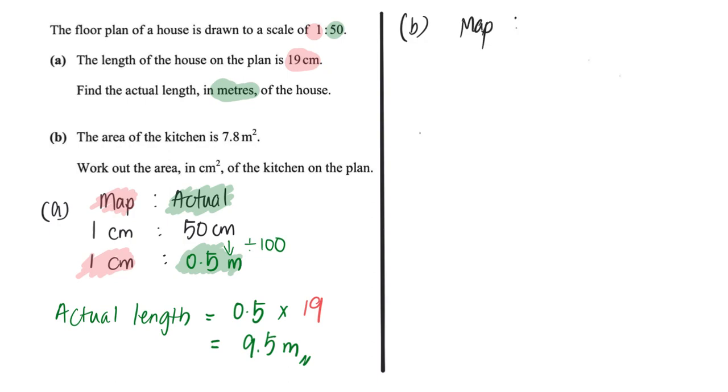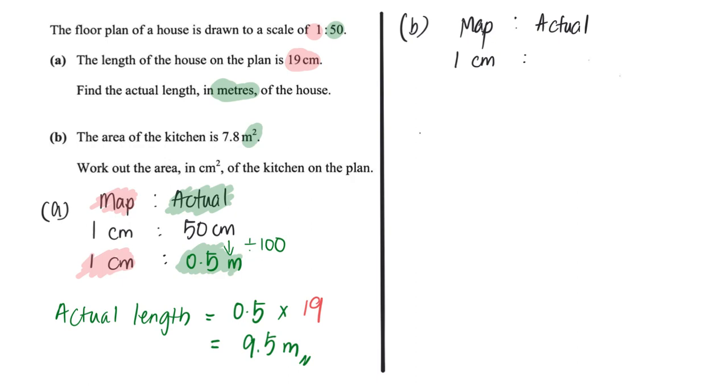As for part B, notice we are talking about area. And therefore, at this point, we do need to have the area scale. And again, I notice that it is given in meter.